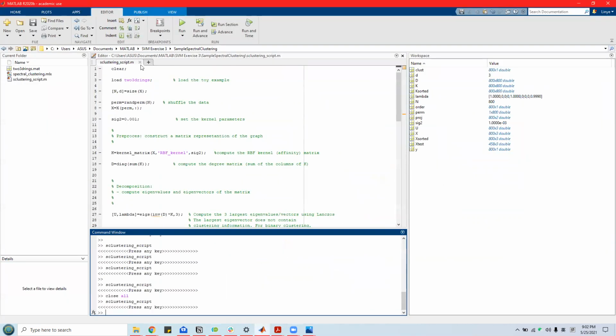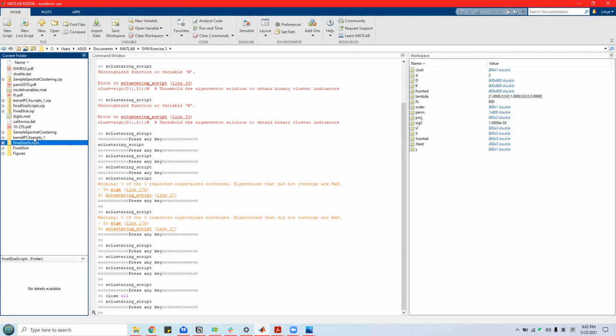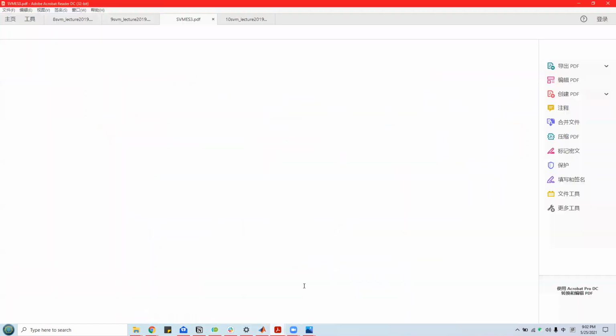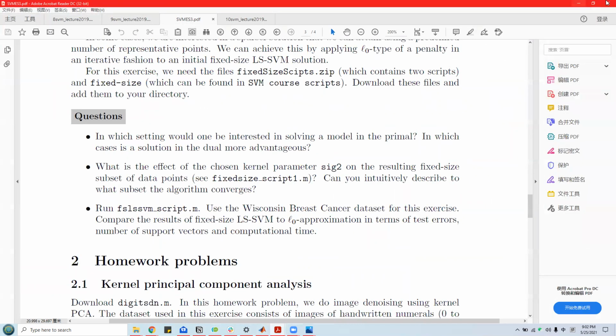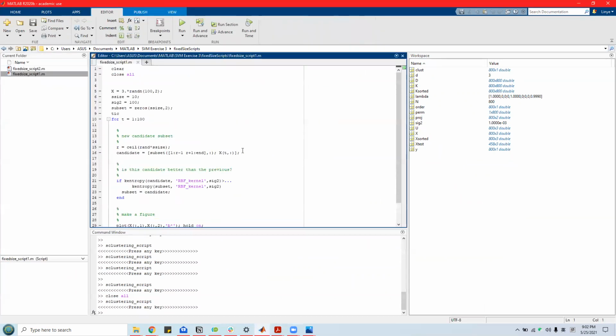So let me check the code for this. Let's fix that script. Which script is it using? Fixed-size script 1. Okay.